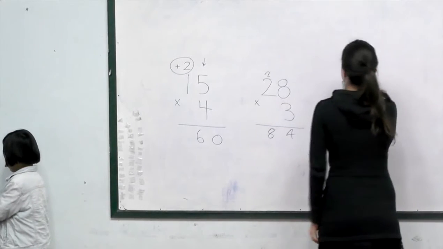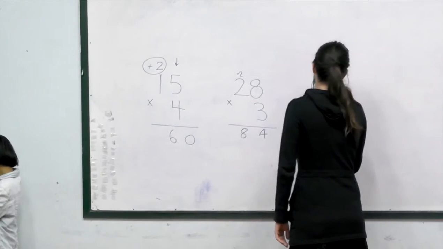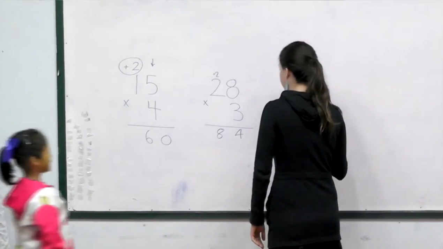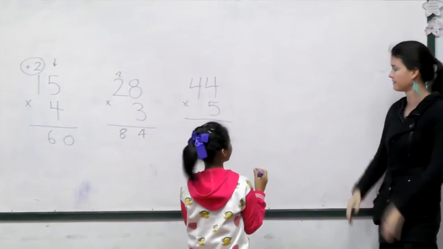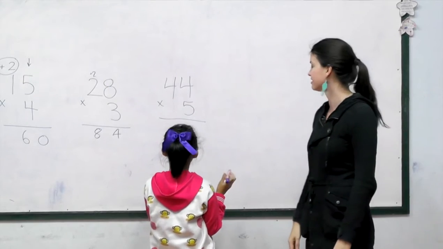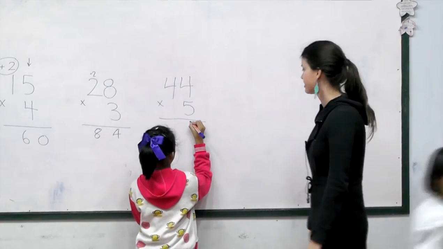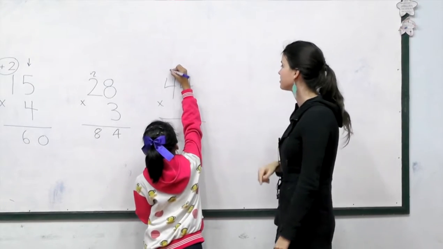44 times 5. Okay, come on up. Do you want to use blue or a new one? Blue. Okay. Where do we start first? She's starting in our ones place. 5 times 4 is 20.